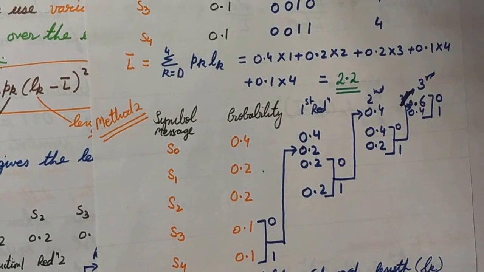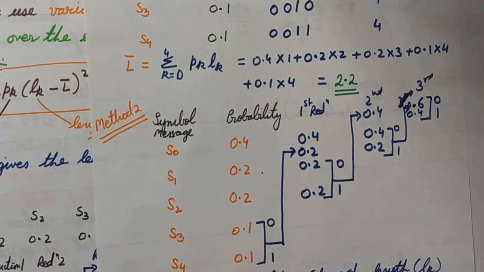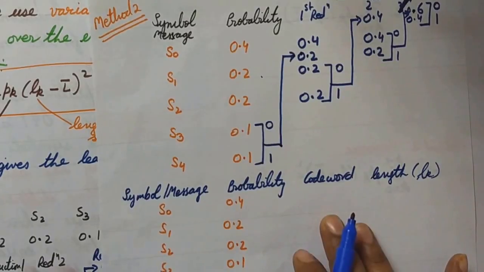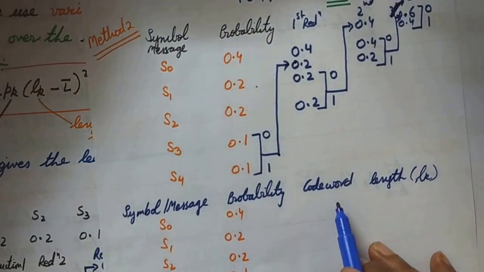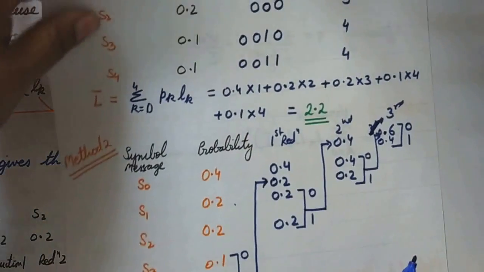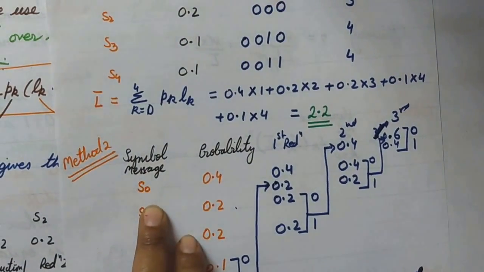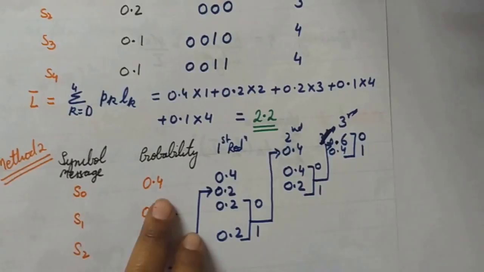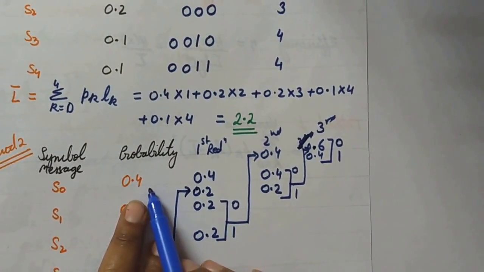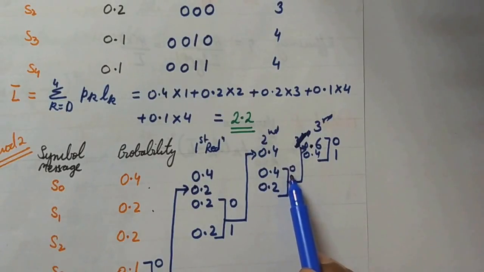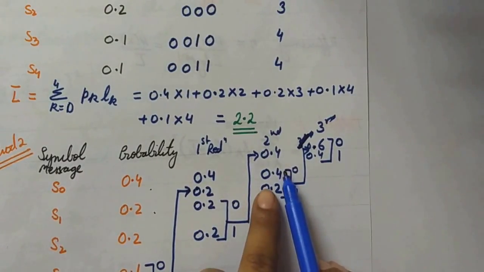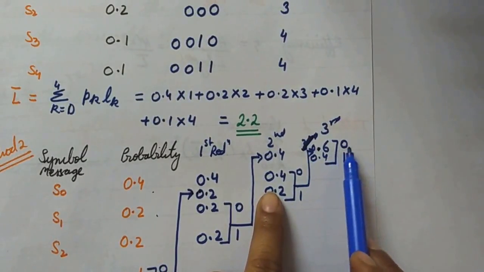So I'll now write all the code words. I've already made the table here. I've written the messages. I've written the probabilities. I will write the code word and then the length here. So for symbol or message S0, I'll write the code word: 0.4, no assignment, 0.4, no assignment, 0.4, one assignment of 0, and then after combining it moves to 0.6, again 0.